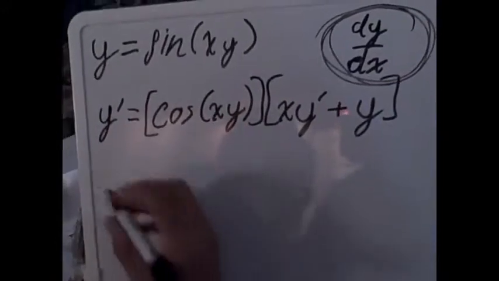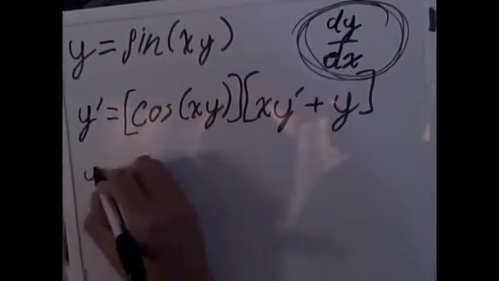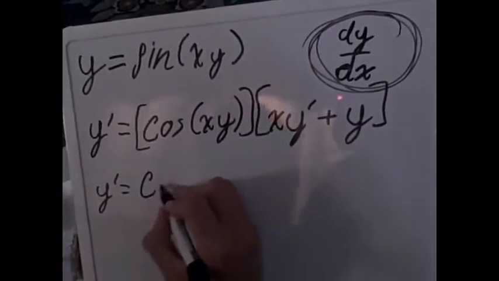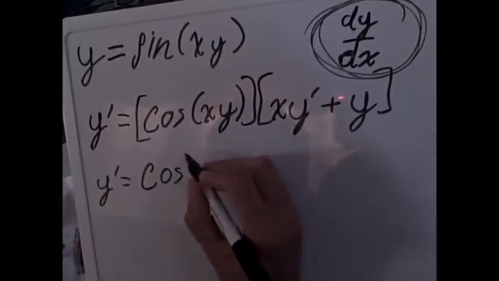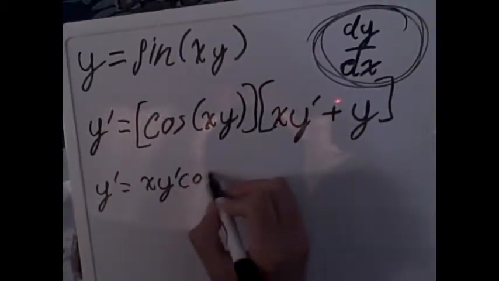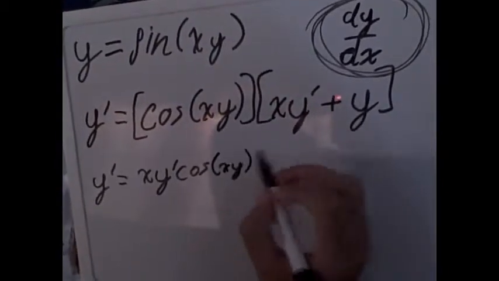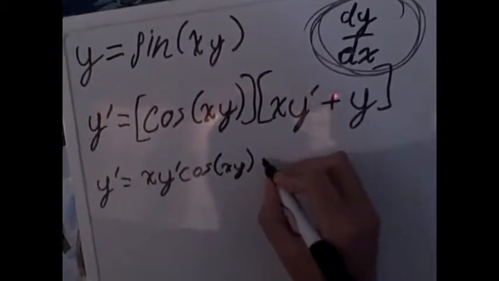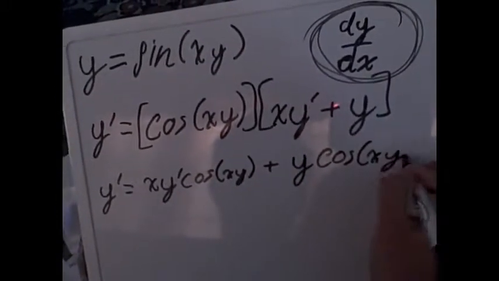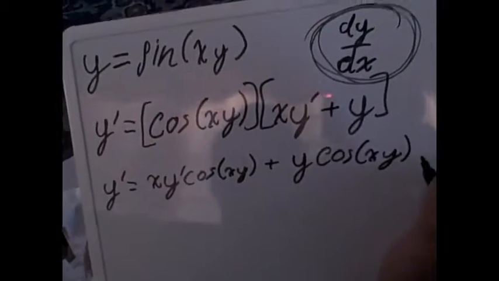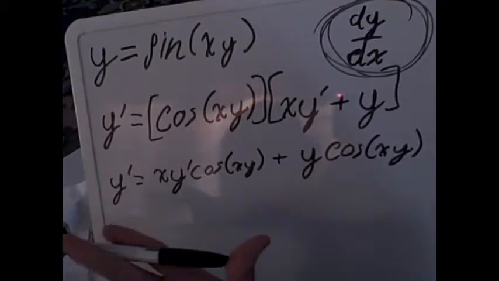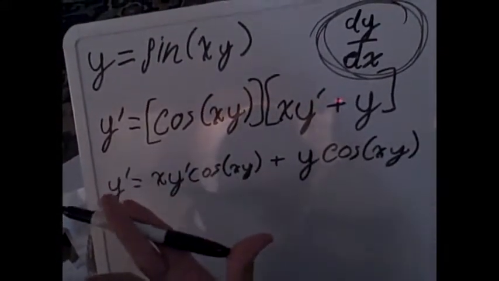If we simplify all this, we will get x y prime cosine xy plus y cosine xy. So in our DOFS formula, we have just done D, which is to derive.